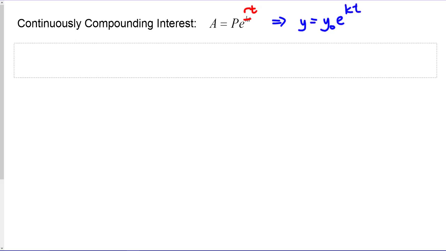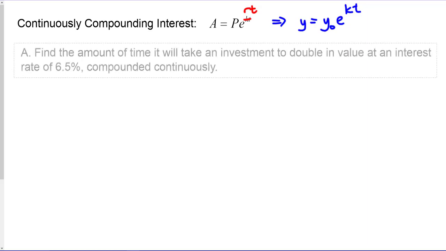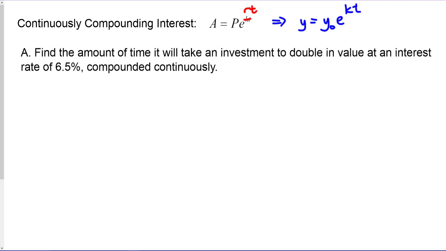It is the exact same model, just with different variables. So if you want to use A equals P e to the rt, that's fine, or if you want to use the same model we've been using throughout, that's okay as well. Either way is fine. The first question here wants us to find out the amount of time it will take an investment to double in value at an interest rate of 6.5% compounded continuously.